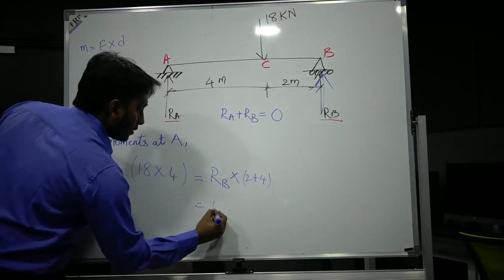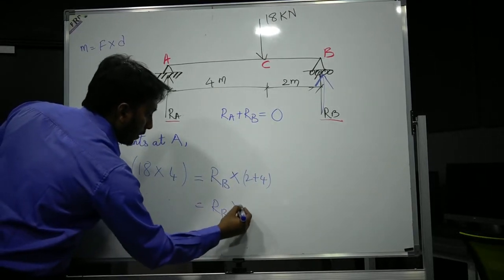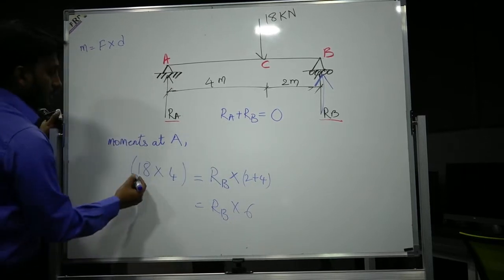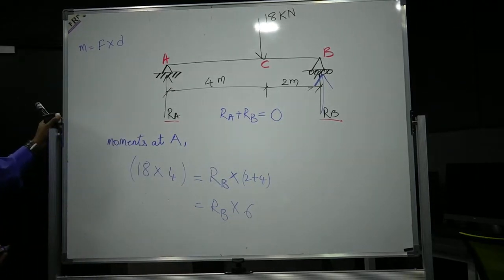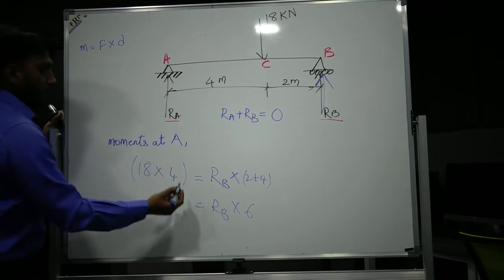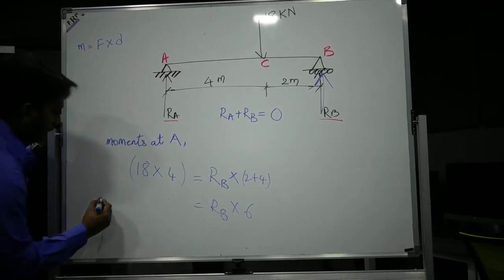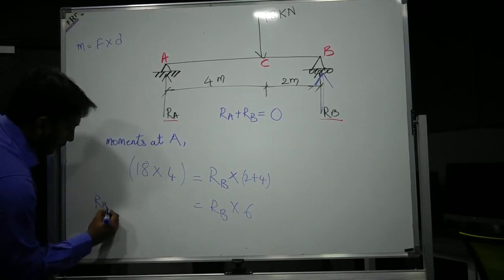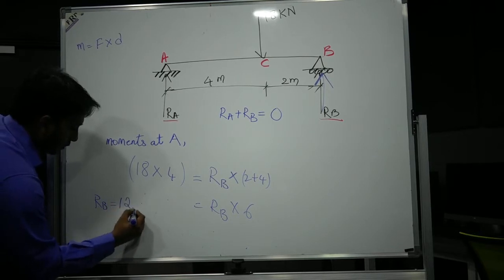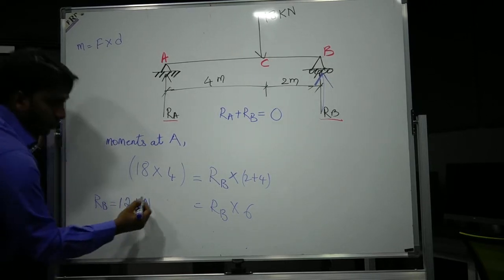We can write it as RB into 6 is 18 multiplied by 4. So if you solve this equation, you get RB is equal to 12 kilonewton.